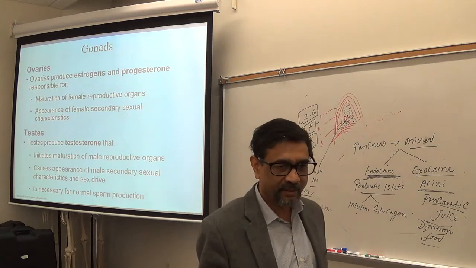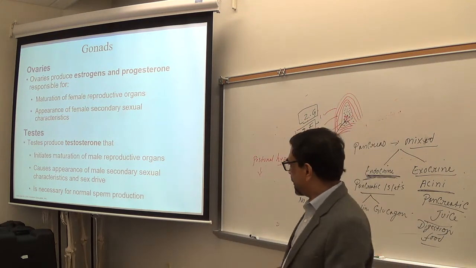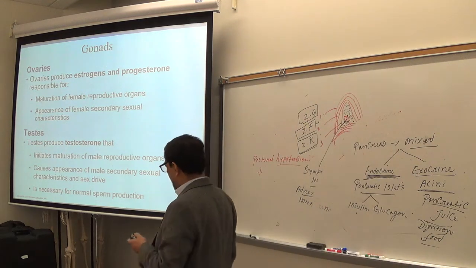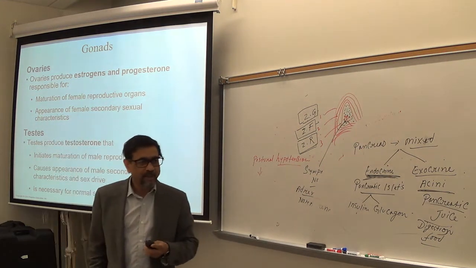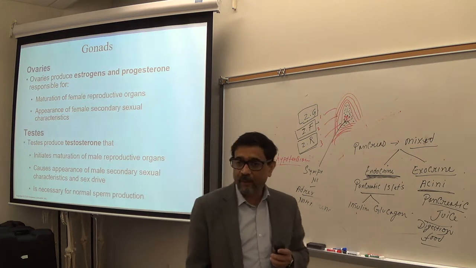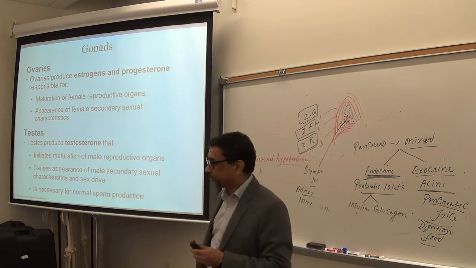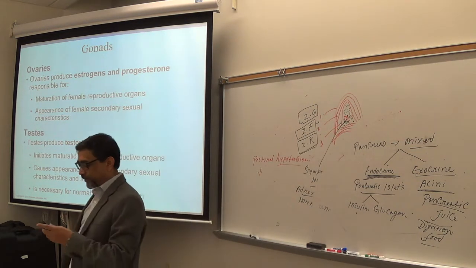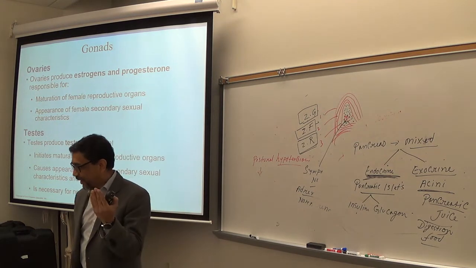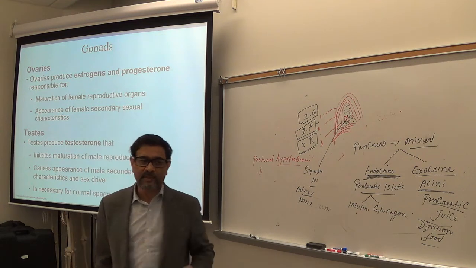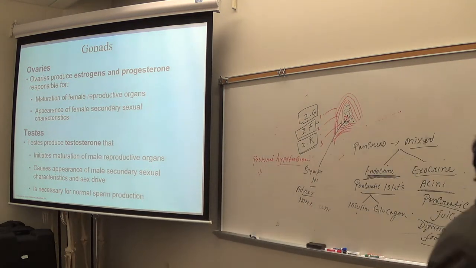Sex hormones are produced by the gonads. Male gonads are testes, female gonads are ovaries. Male sex hormone is testosterone; female sex hormones are estrogen and progesterone. Those are the functions of the sex hormones.